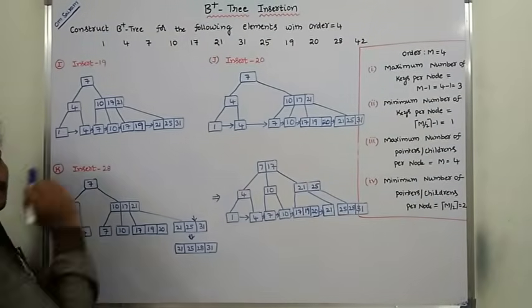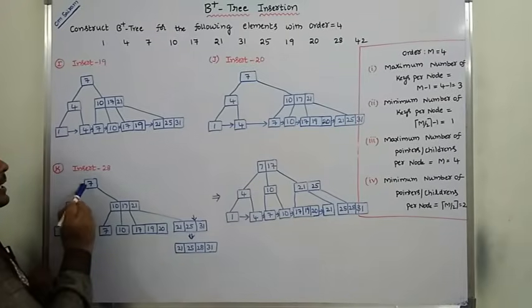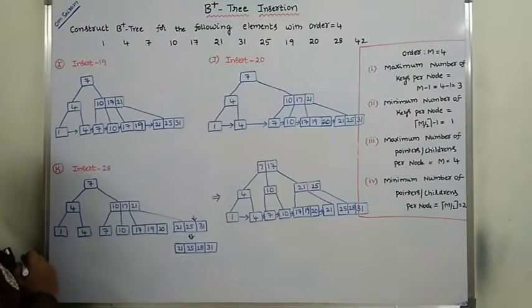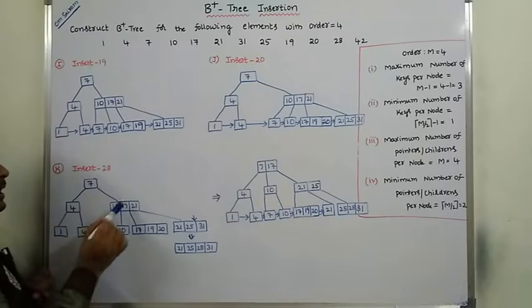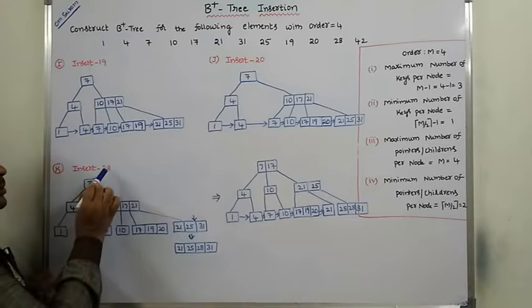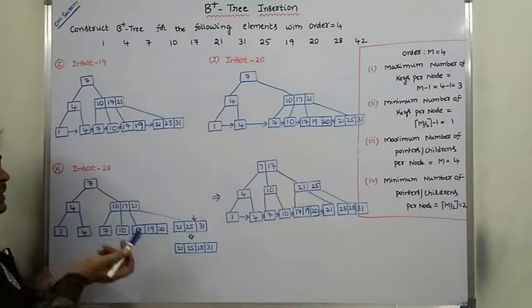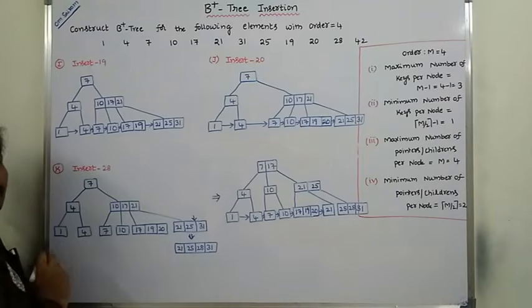Next, insert 28. First, 28 is compared with the root node. 28 is compared with 7. 28 is greater. Go to the right pointer, which points to a right subtree that contains a node with 3 key elements. So 28 is compared with 10. It is greater. 28 is compared with 17.